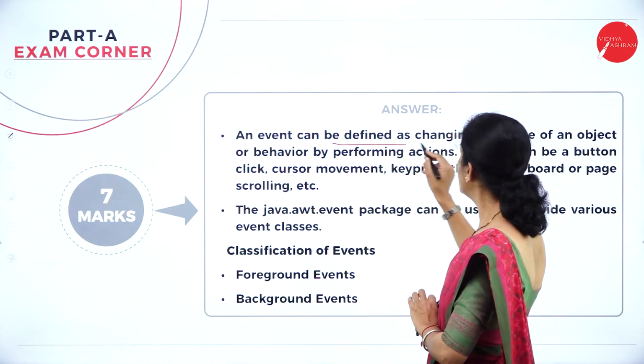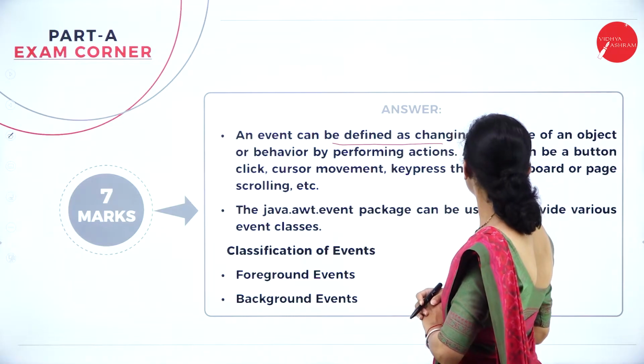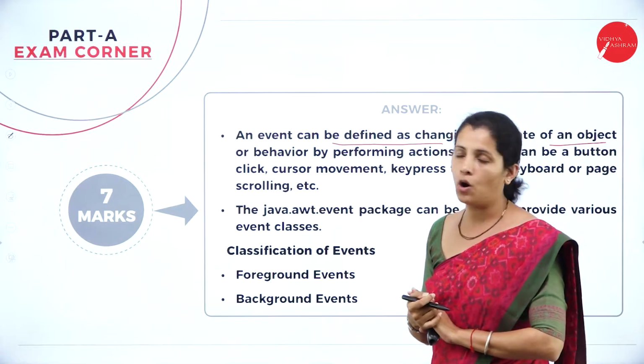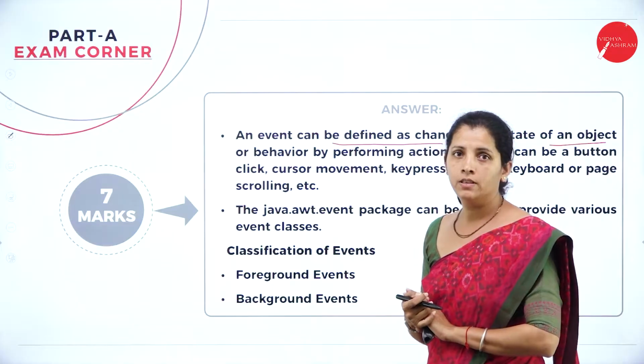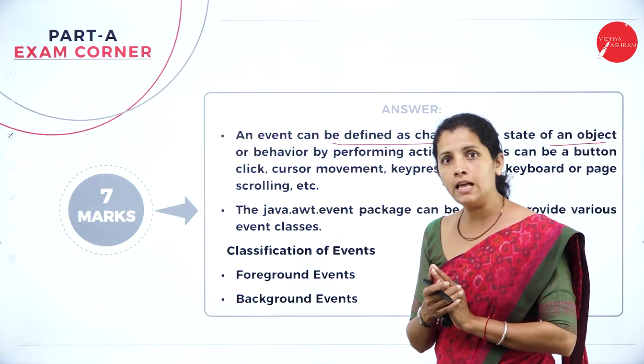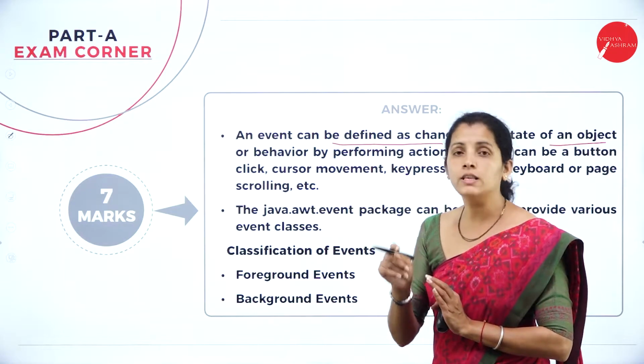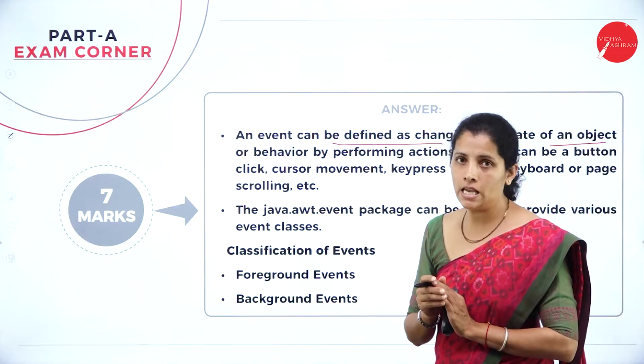Event can be defined as changing the state of an object or behavior. For example, think that I'm going to press the mouse button. So that is the example for an event.